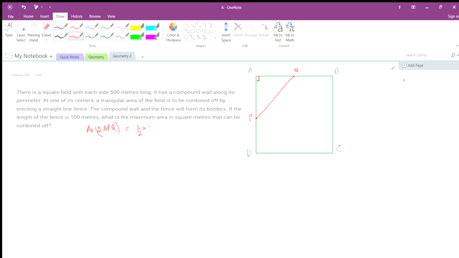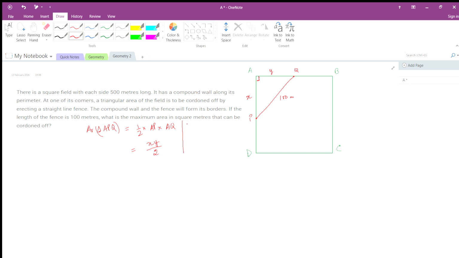The base is AP, the height is AQ, or you can say AP is the height and AQ is the base, it doesn't matter. Instead of writing AP every time, I will denote AP as x, AQ as y, and PQ is given as 100 meters. So what I have to maximize is xy by 2.